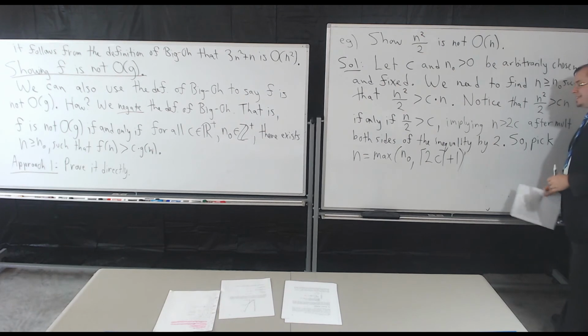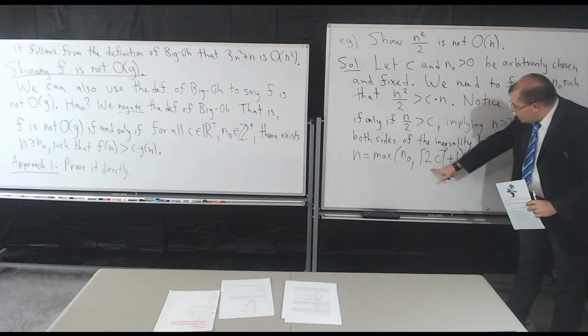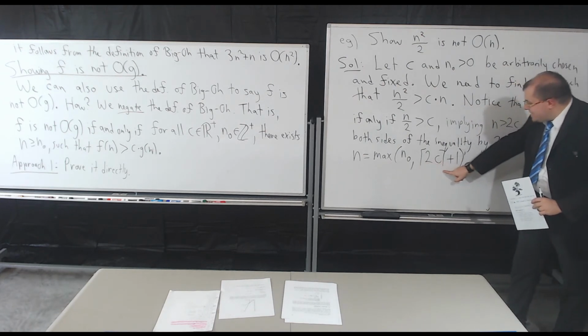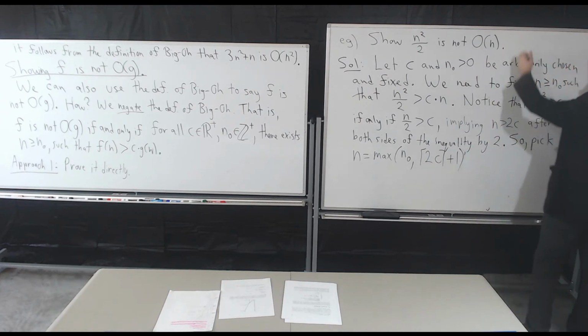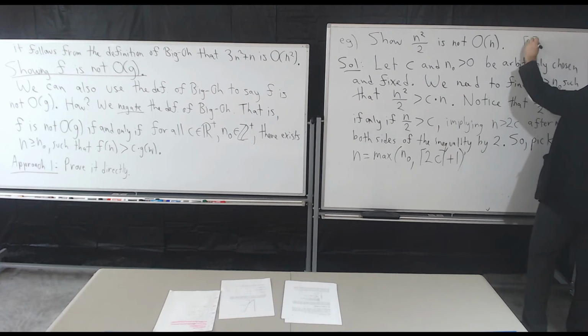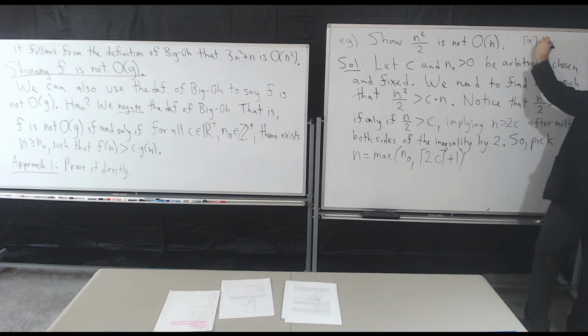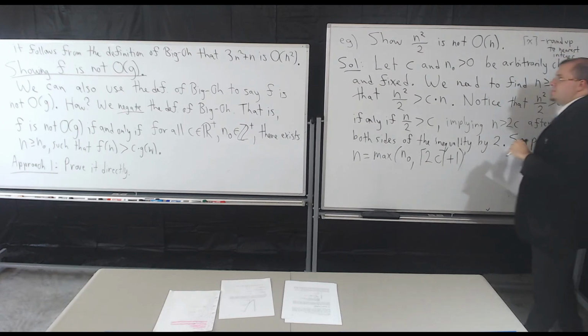So I'm going to use a ceiling function here. So I'm going to apply the ceiling to 2 times c. Now the ceiling, written like this. So if I give you the ceiling of x, you can just think of this as round up to nearest integer. So that's the ceiling.